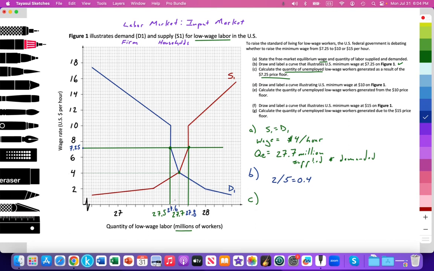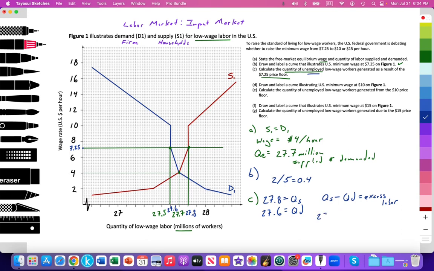So from 0.6 to 0.7 to 0.8, I worked on that. 27.8 is equal to the quantity of supply. 27.6 million is equal to the quantity of demand. So I want to take the quantity supplied minus the quantity of demand, and it's going to tell me the amount of unemployed created. Quantity supplied minus the quantity of demand, and that will tell me the quantity of excess labor being supplied into the labor market.